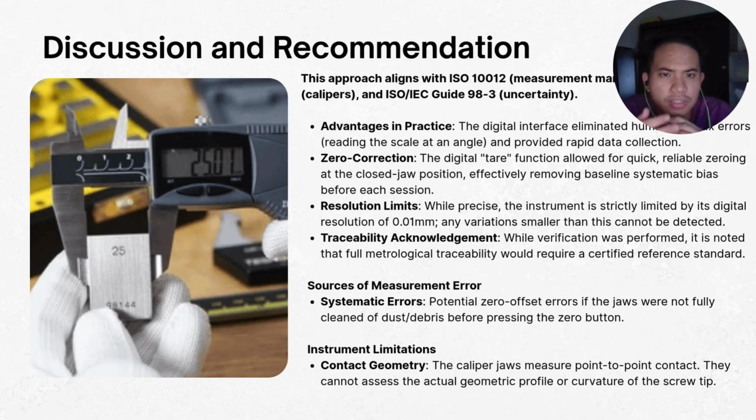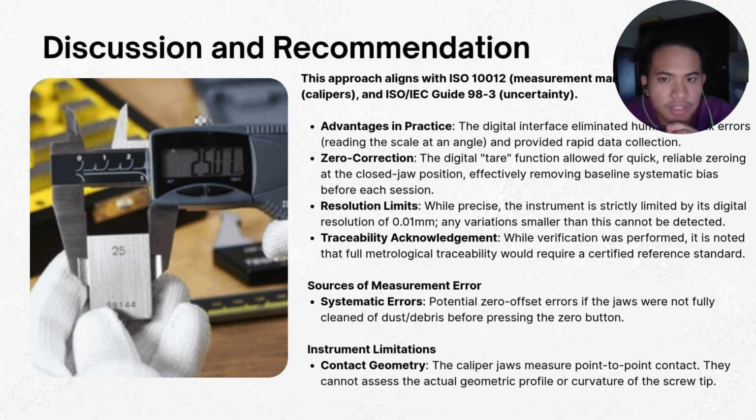So to ensure that our data is as accurate as possible, we begin with a verification check. So we check if this digital caliper is providing us an accurate value and a reasonable reading.